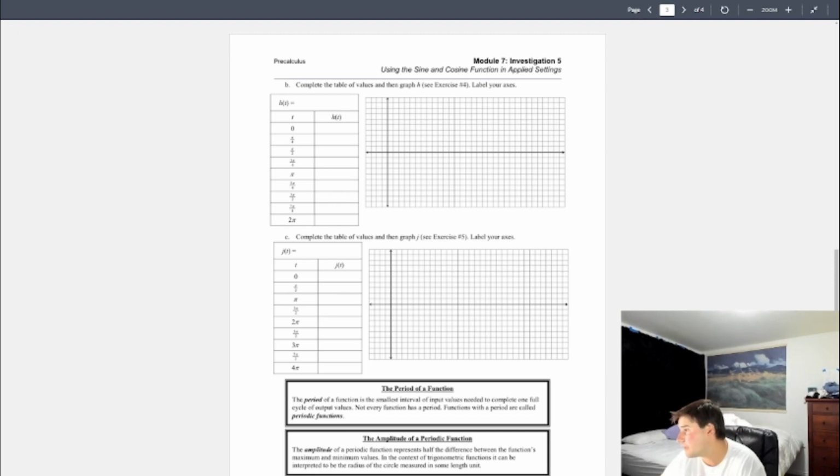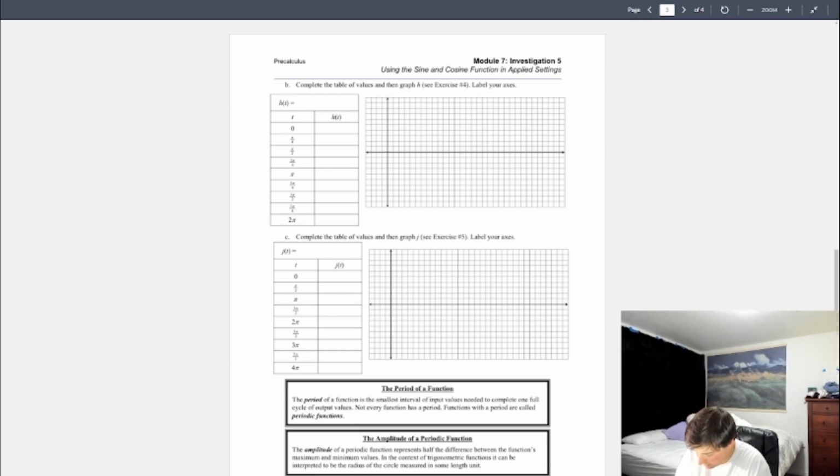Okay, 0. Now we got 5 pi over 2. 5 pi divided by 2. This times 0.5. Take the sine of that answer. Get negative 0.7. Then times that by 2.3. Negative 1.62.